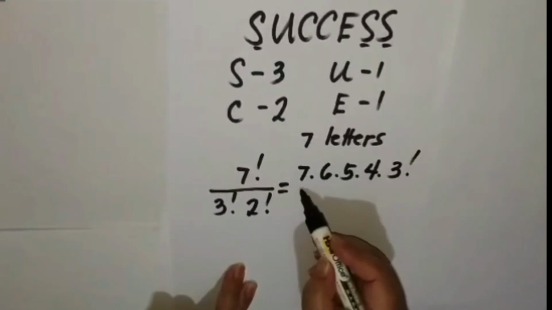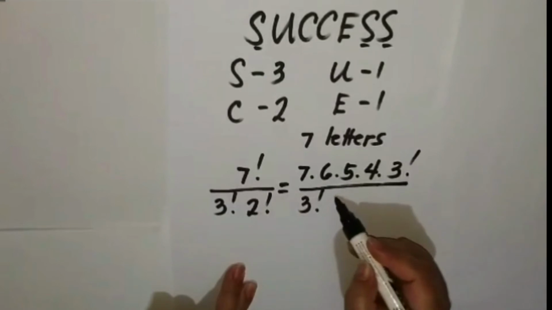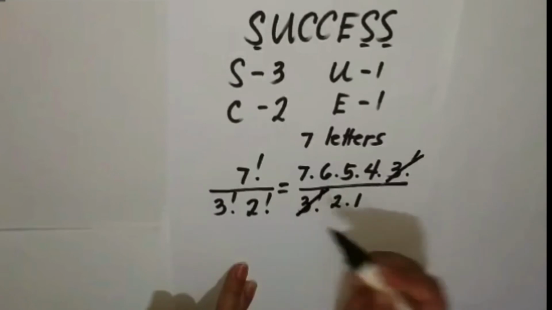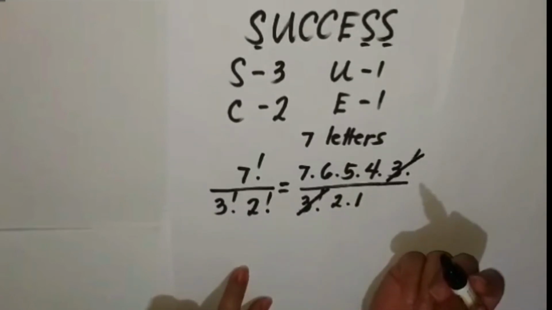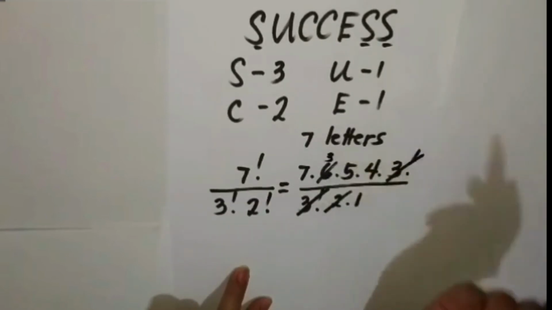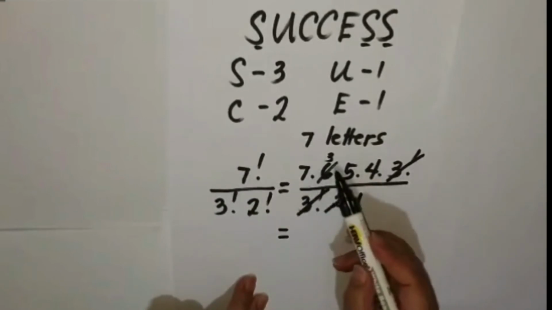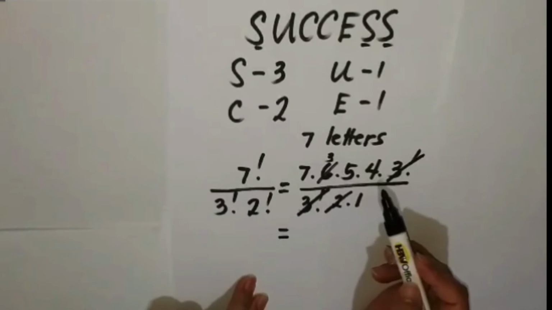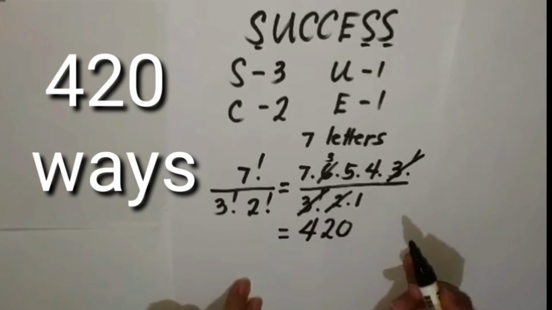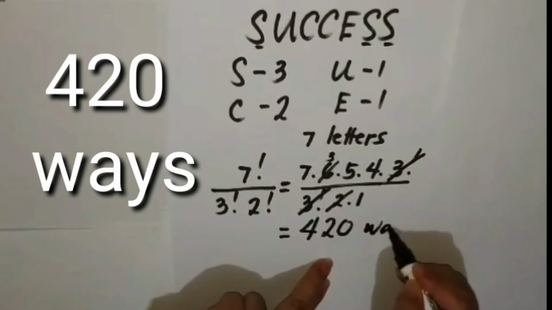I will stop here since there is 3 factorial in the denominator. So we have 3 factorial, and then I'm going to expand 2 factorial, which is 2 times 1. So 3 factorial over 3 factorial, that will be 1. And then 6 divided by 2 will give 3. So our final answer is, 7 times 3 times 5 times 4 will give 420. So there are 420 ways of arranging the letters of the word success.